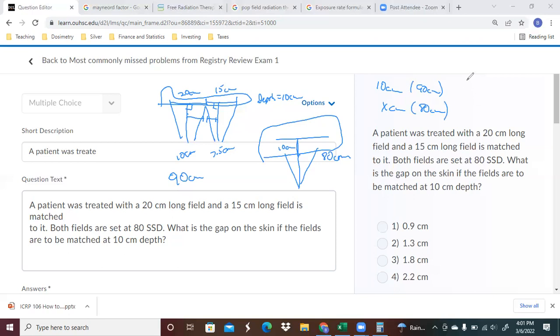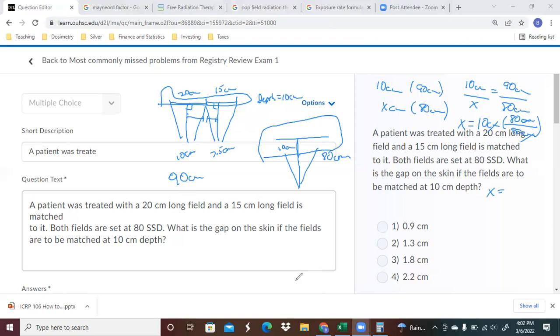As it turns out, the ratios here are going to be pretty much the same. 10 cm at 90 is going to be the same thing as some value X at 80 cm. It also means that I can take a proportion here: 80 divided by 90. That means that X is going to end up equaling.